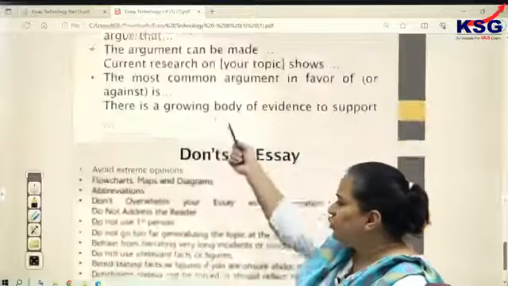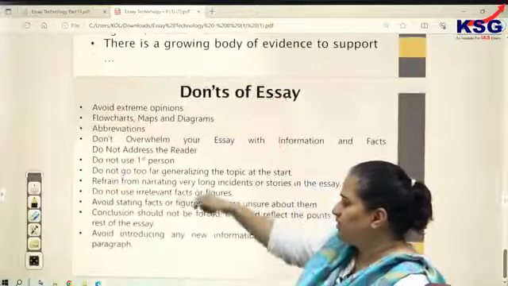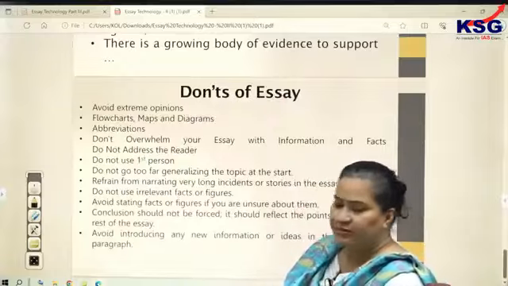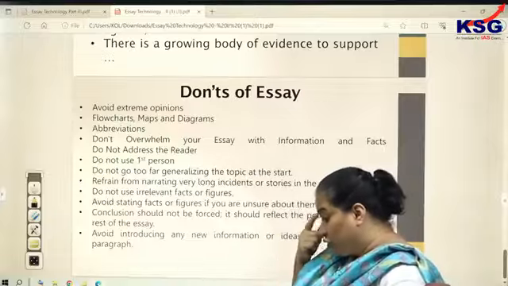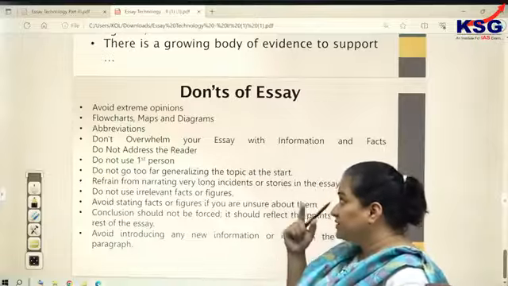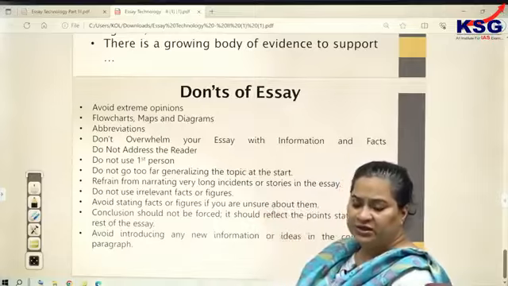Then you can see the component of don'ts of an essay. Okay, do's and don'ts of an essay. With respect to don'ts, what you should not do is express extreme opinions.